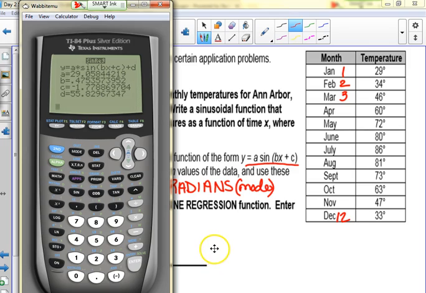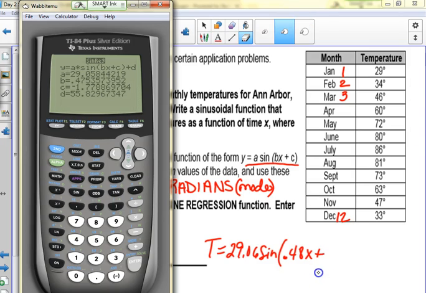Okay. So temperature equals, it says A times sine BX plus C plus D. So I'm going to round to 2 decimal places for lack of room. 29.06 sine BX would be 0.48x plus C, which is actually minus 1.78, plus D, which is 55.83.